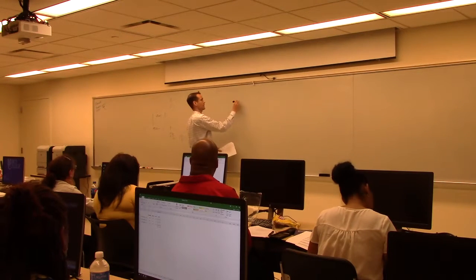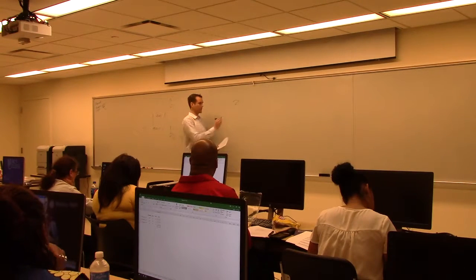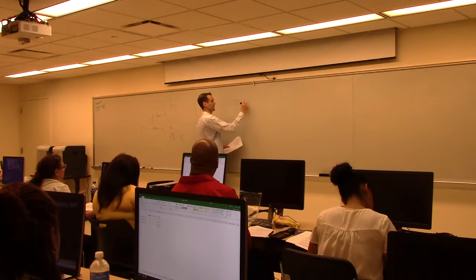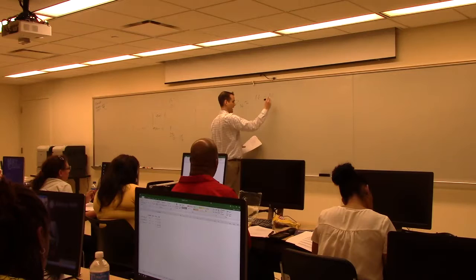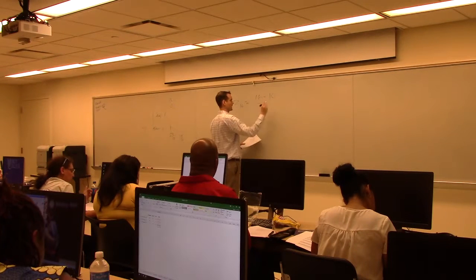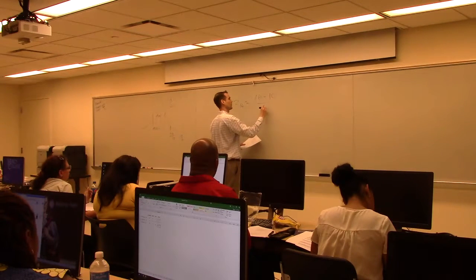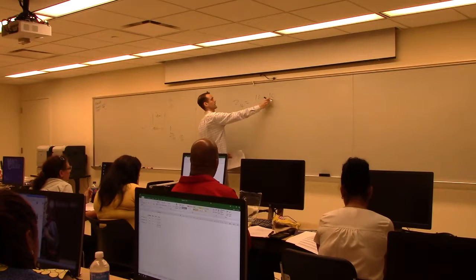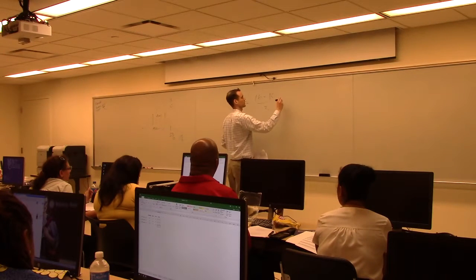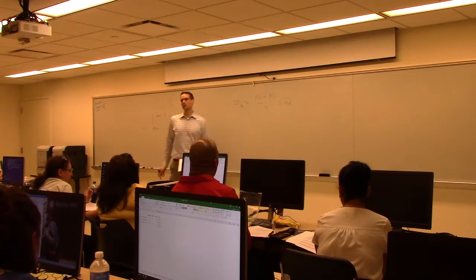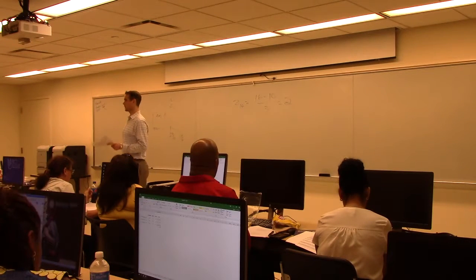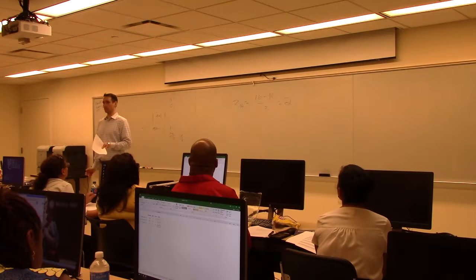Okay, so the Z-score for your experiment of 16 heads is going to be 16 minus the mean, which is 10, divided by our standard deviation, which is 3. So 16 minus 10 is 6, divided by 3 equals 2. What that means is you were 2 standard deviations above the mean.